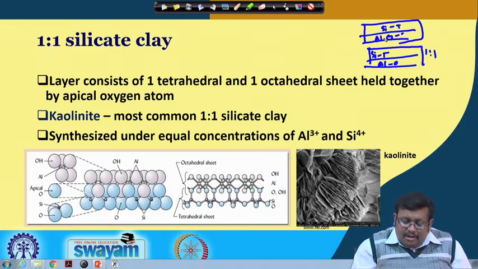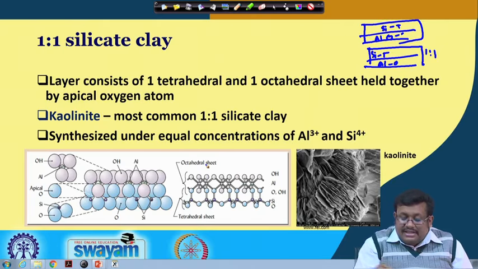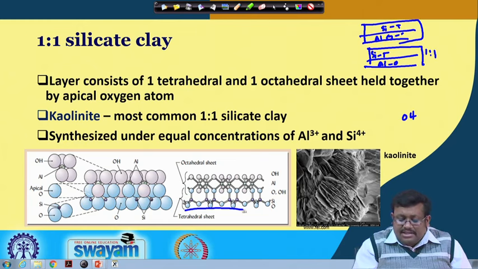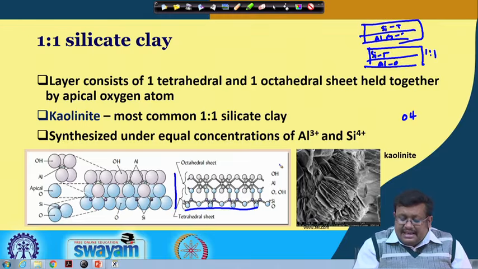In the aluminum octahedra, as you can see, at the base of the aluminum octahedra there will be hydroxyl ions, and just below these aluminum hydroxyl ions you will see the oxygen plane. So, if you consider this as a single layer, and you consider another repeating layer here, obviously there will be hydroxyl atoms here.